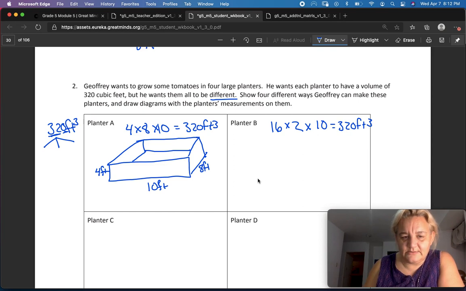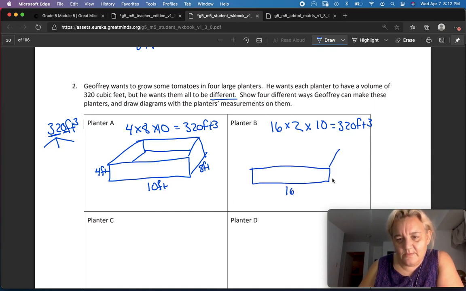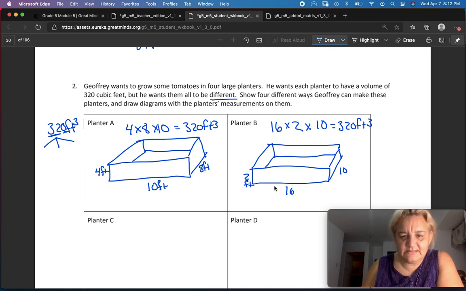Okay, so this one's going to be super long. That's going to be 16. And then the width is going to be 10. And then it's not as tall as this one, it's just 2. So there we go. And those are feet, feet, feet, feet.